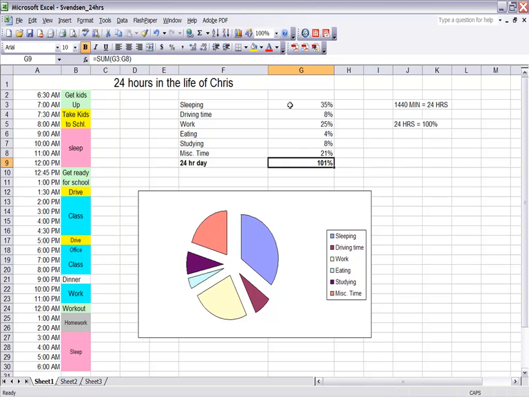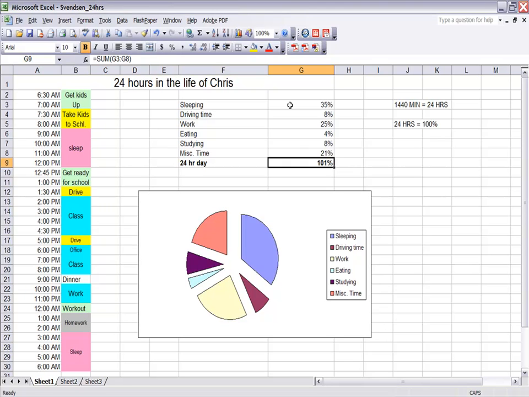I want you to work with the big blocks, because when we go to convert the time, instead of saying I sleep 6.5 hours, I can say I sleep X amount of minutes. Think of it: 6 times 60 is 360 minutes plus another 30 minutes means we're sleeping 390 minutes.